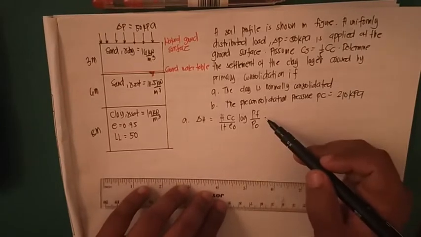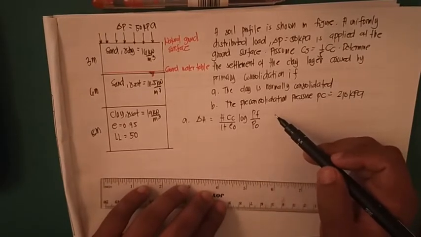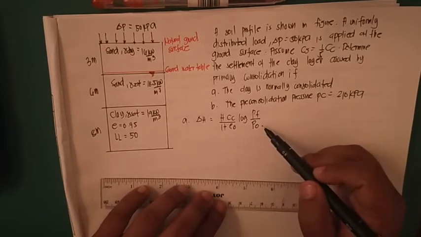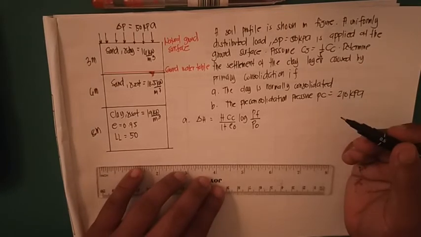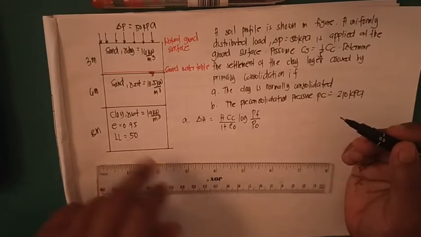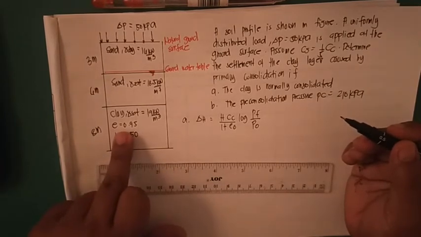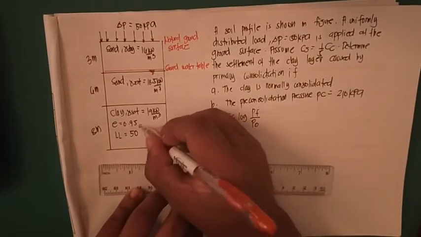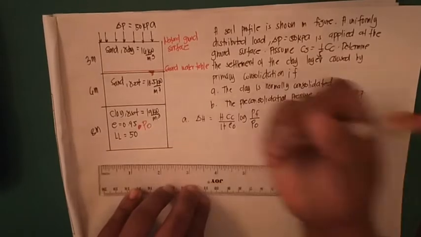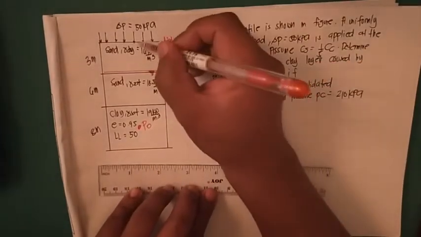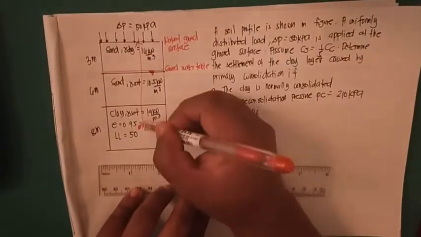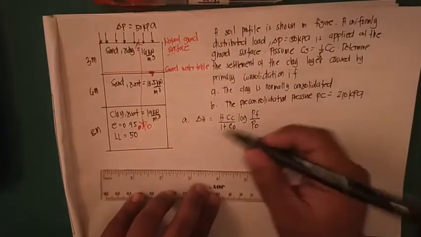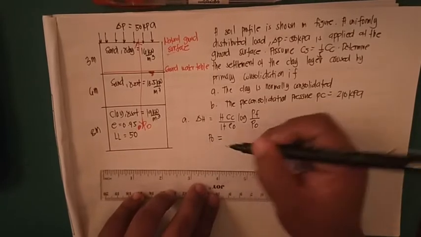So again, PF will be PO plus delta P. But for PO, again the same procedure, we need to determine the effective pressure at the middle of the clay. So what will be the pressure PO, in reference with the natural ground surface?